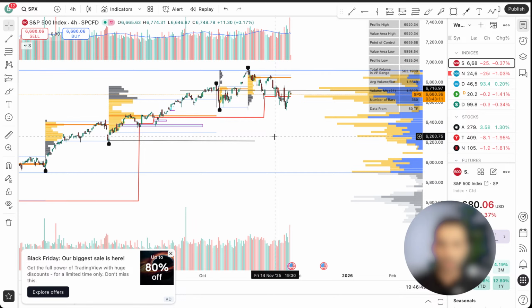Big institutions push the support level. There is a support level where the market, you see here, I already marked this area, right? So here you see they are supporting this area so strongly, and here is my volume profile indicator. It clearly shows this is the point of control where the market actually stopped.